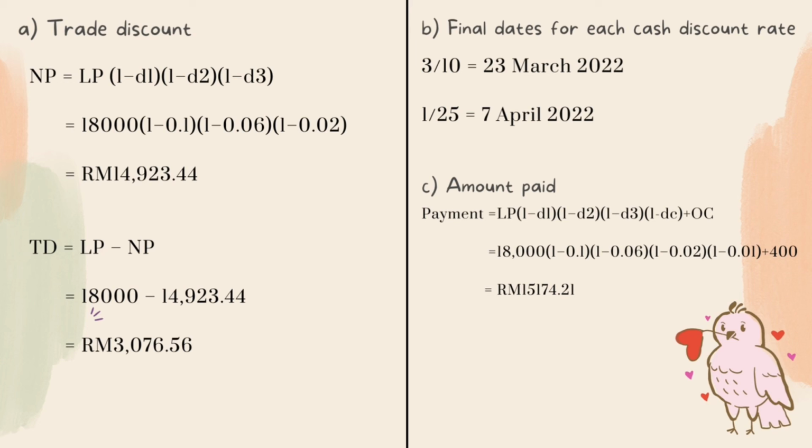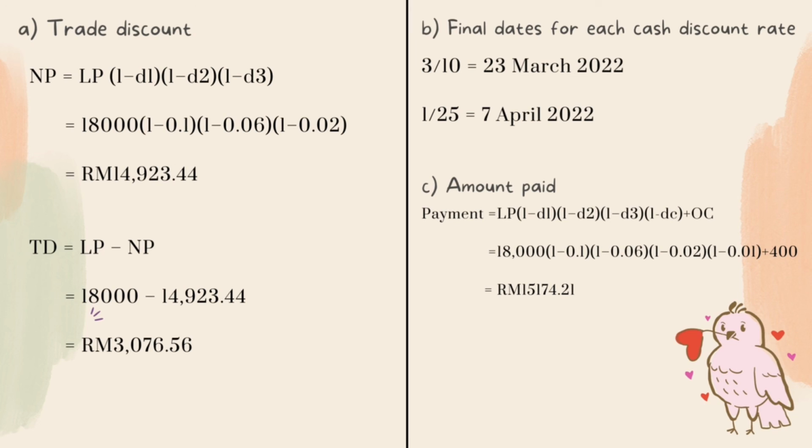So for this question, we need to use the formula LP (1 - D1)(1 - D2)(1 - D3)(1 - D4) plus OC. So the LP is 18,000, D1 is 0.1, D2 is 0.06, D3 is 0.02, and D4 is 0.01 because the payment was made on 20 April.